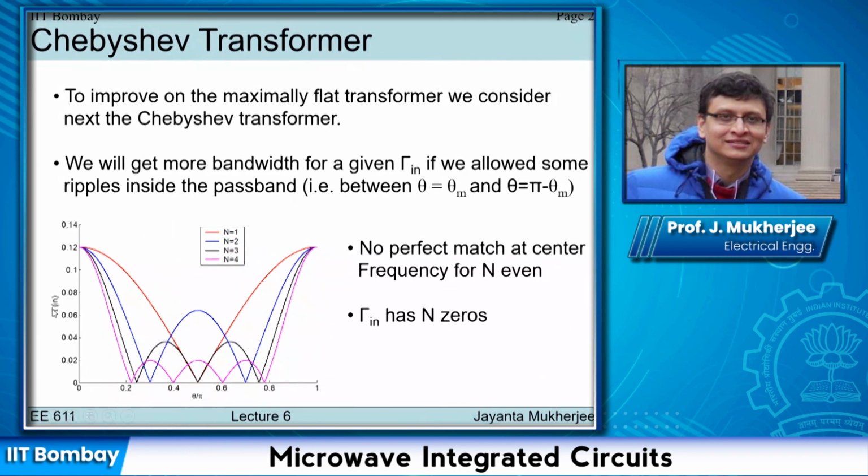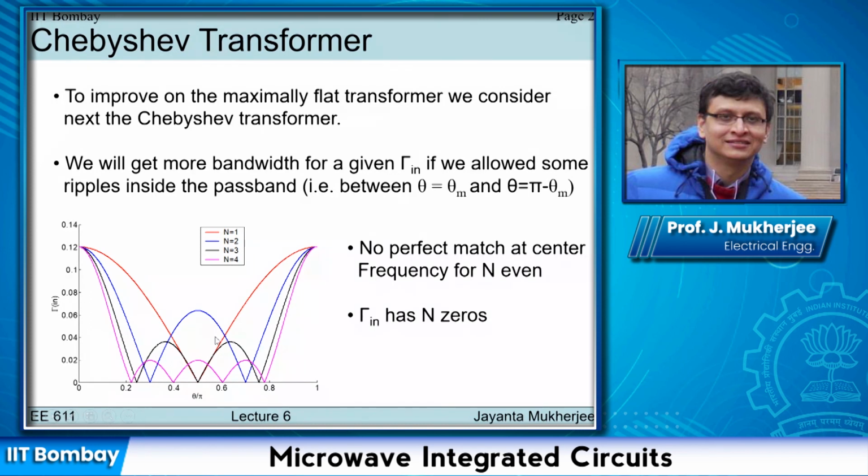If we consider the first order, this red line, it is very similar to the first order for a maximally flat prototype function. But note what happens when n equal to 2, 3, and 4.